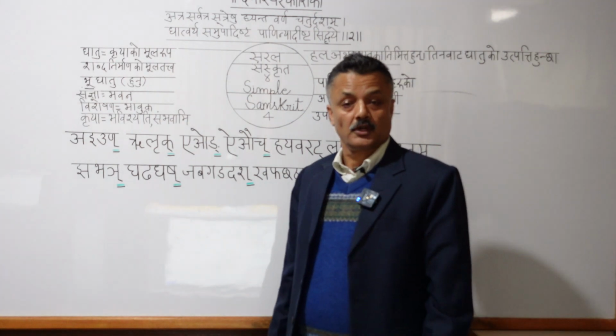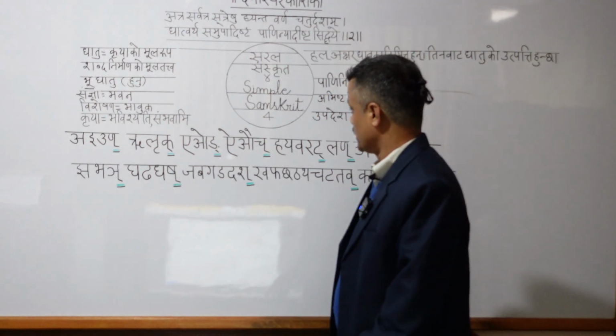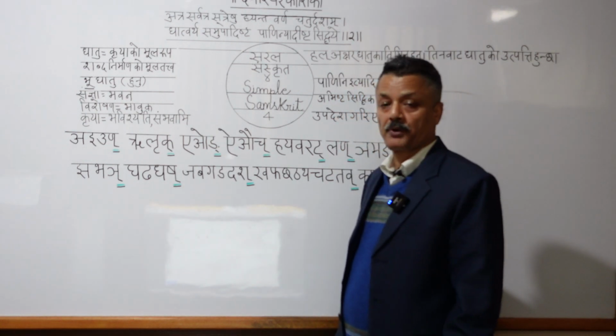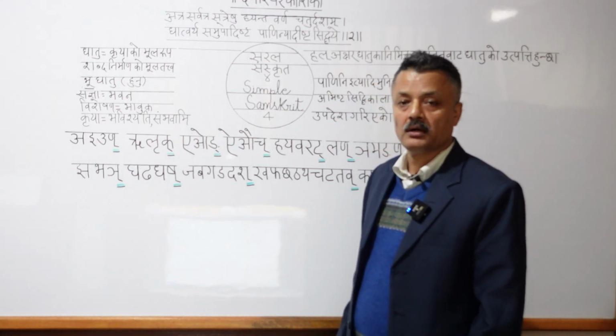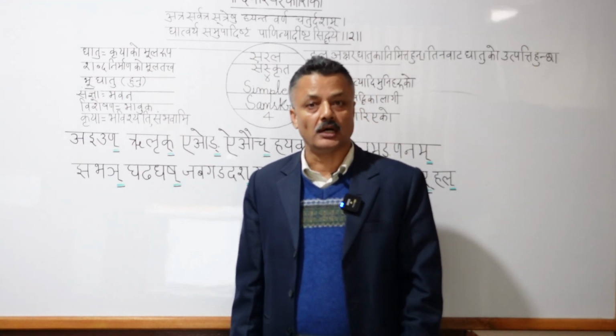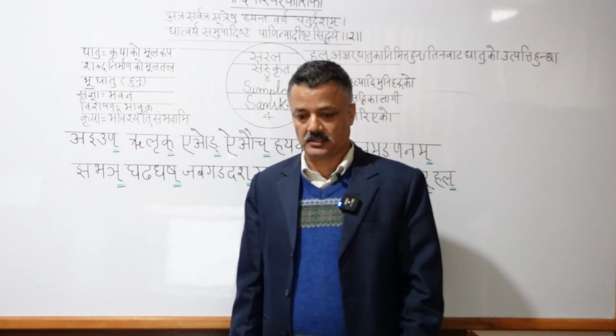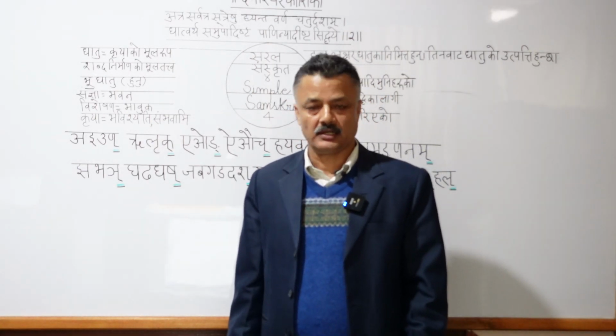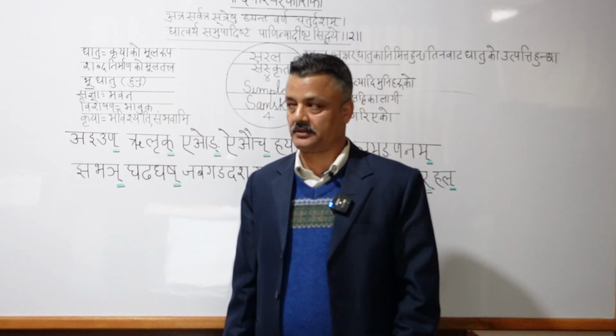Let me welcome you to this fourth episode in the series Simple Sanskrit, where I'm reading the Sanskrit grammar and trying to understand it independently. It is a sort of self-regulated, independent learning effort.